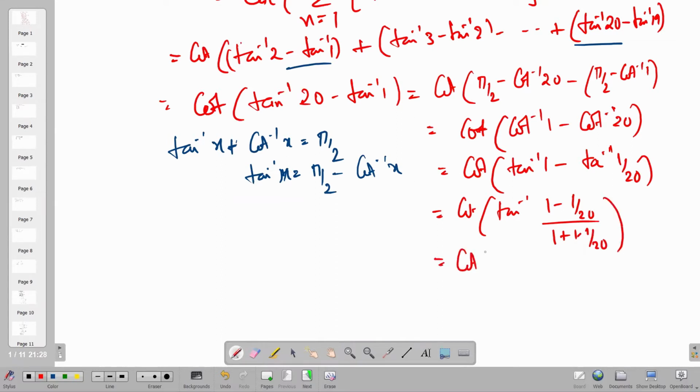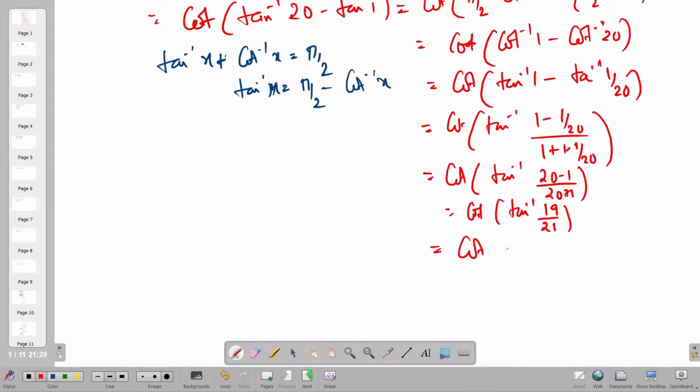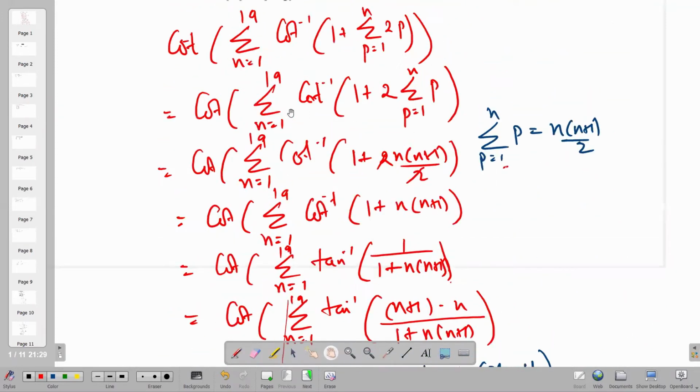On further solving, I get this as tan inverse of 20 minus 1 upon 20 plus 1, that is tan inverse of 19 upon 21. And after reciprocating it, this comes out to be cot of cot inverse of 21 by 19, and using the identity that cot of cot inverse of x is x, this comes out to be 21 upon 19. So my desired option is option B.